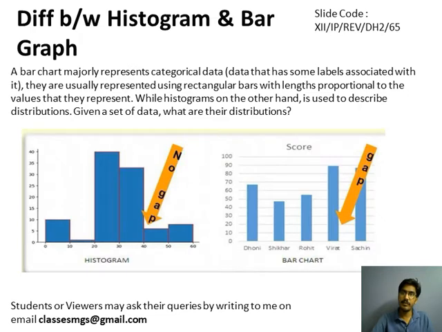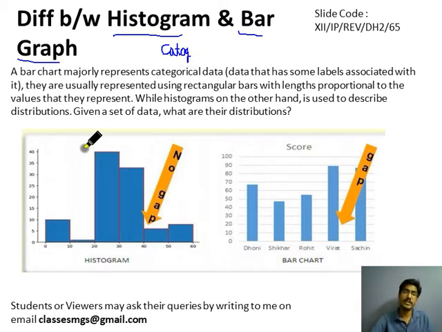We will see the basic difference between the histogram and the bar graph. Generally questions may be asked on this in the examination also. A bar chart represents categorical data, like the population of different cities, such as Delhi, Jaipur, Ahmedabad, Kolkata.